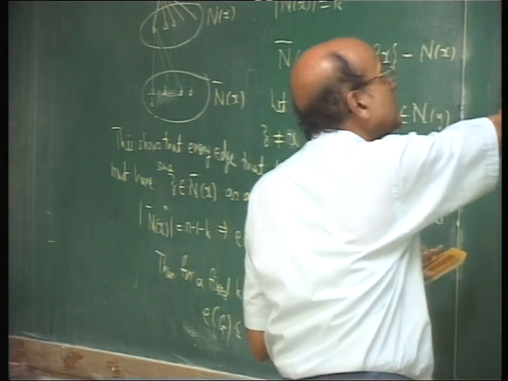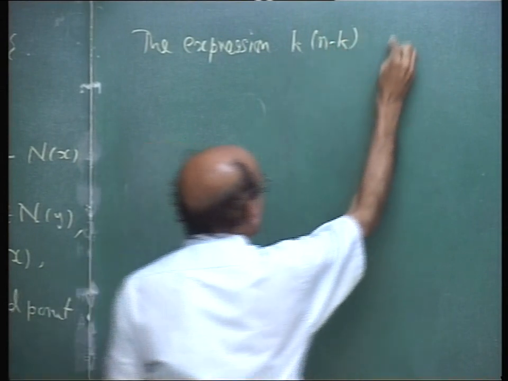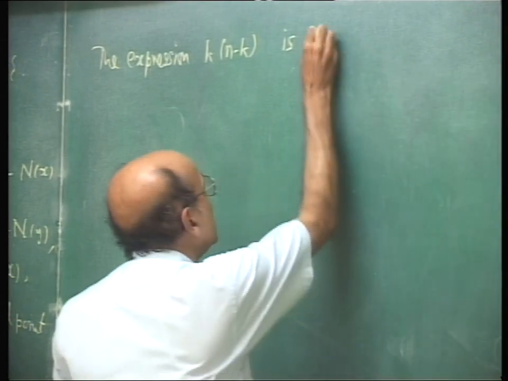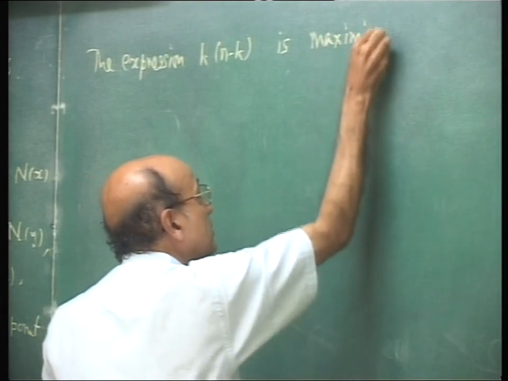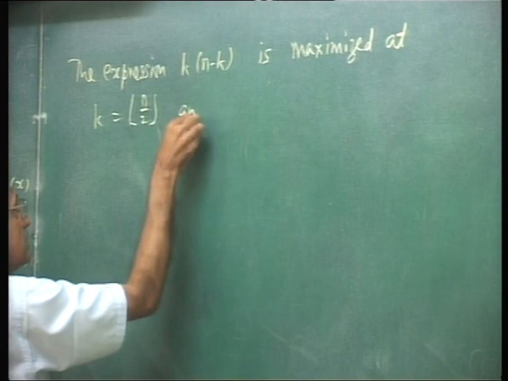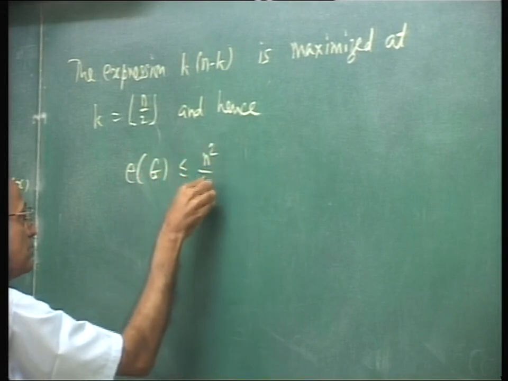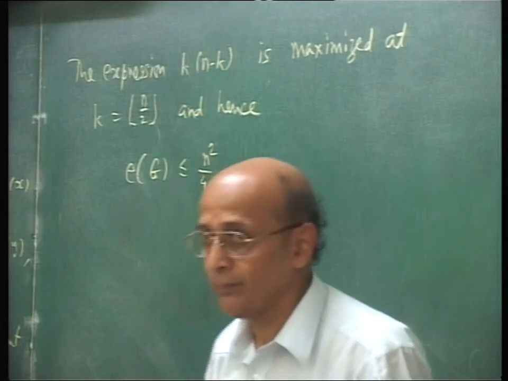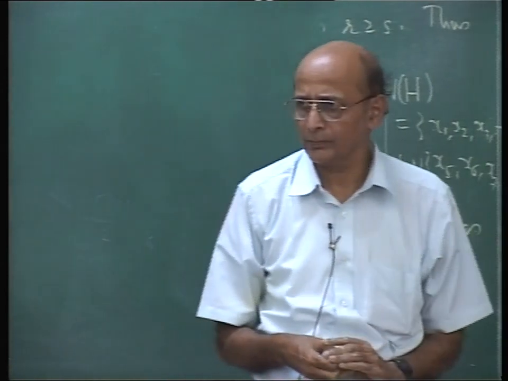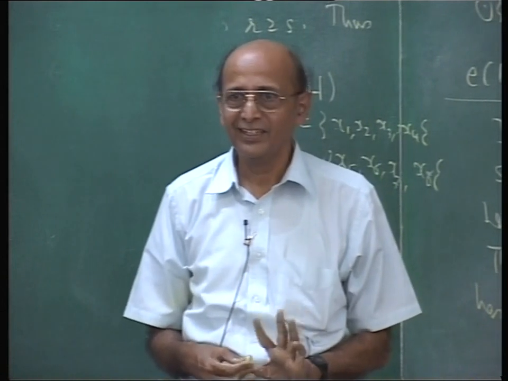The expression k times n minus k is maximized.